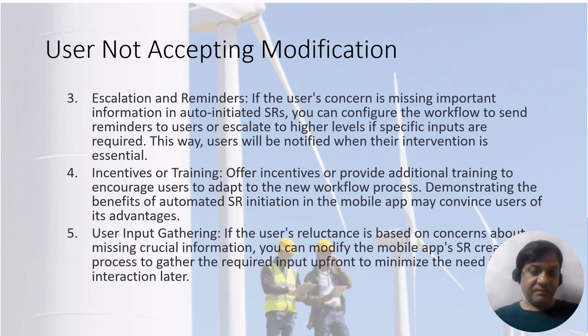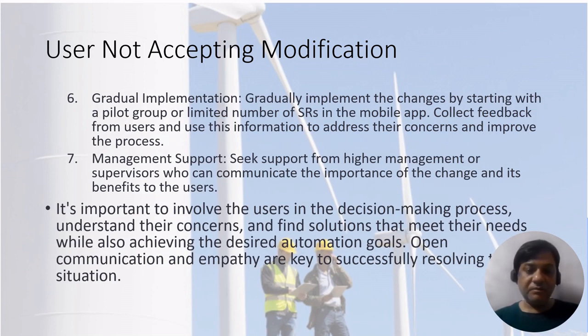Then comes gradual implementation of the change, by starting a pilot project or a pilot group limited to these mobile app SRs, then collecting the feedback from them and then rolling it out to a bigger group. Management support: yes, we need higher management support and supervisor support so that we can communicate the importance of the change and its benefits to the users.